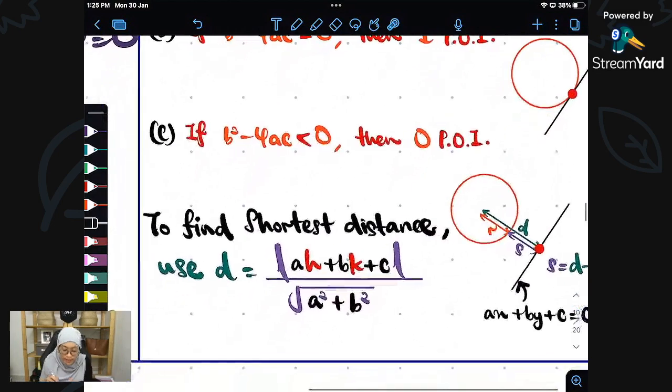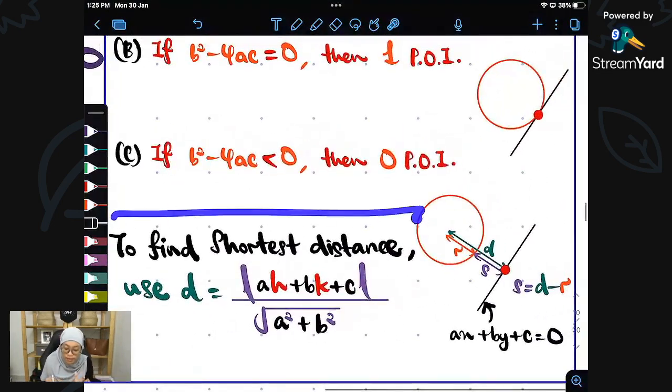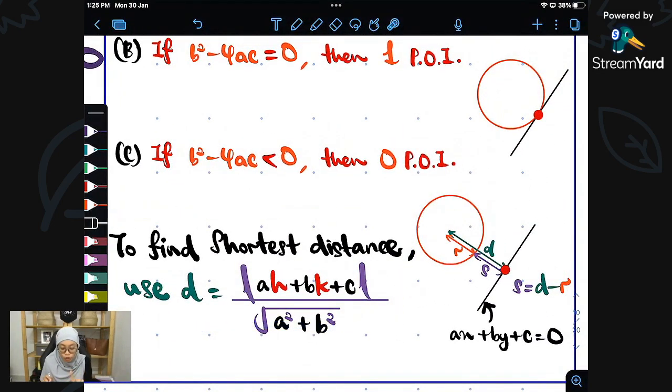So here in my notes, I give the formula to find the shortest distance. In this case earlier, we didn't use this formula because it was not needed, because earlier it was between 2 circles, am I right?